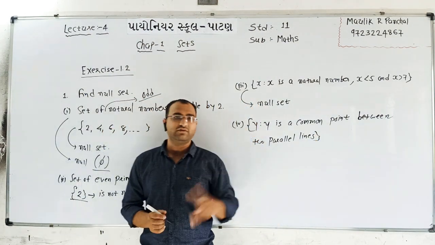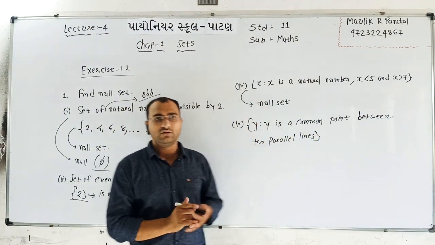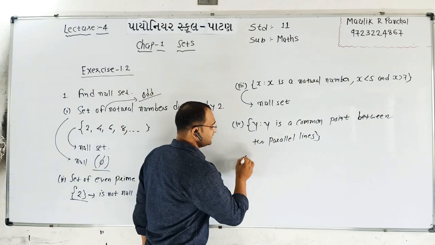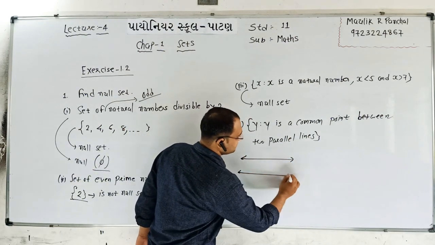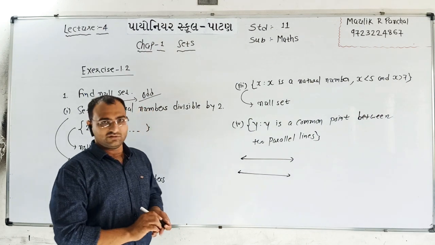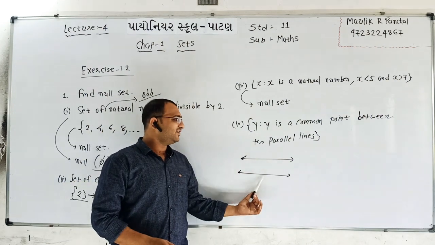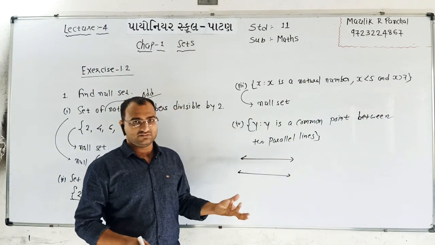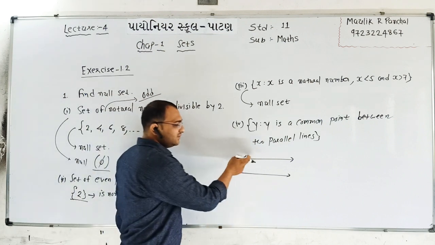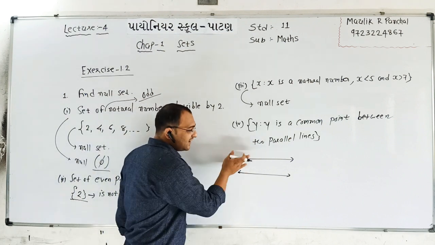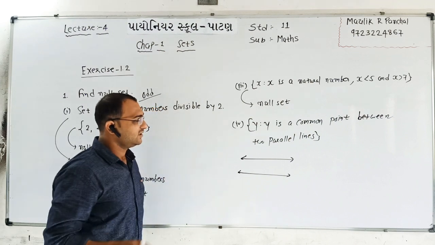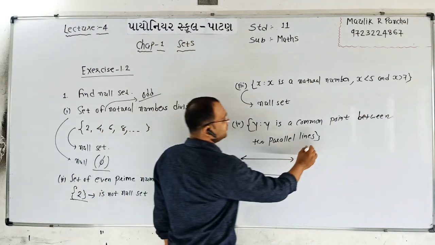Y is the common point between two parallel lines. We draw parallel lines. We know that parallel lines don't intersect. That means they have no common point. Parallel lines have no common points. That means this set is also a null set.